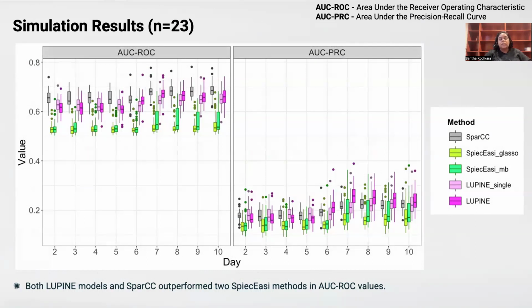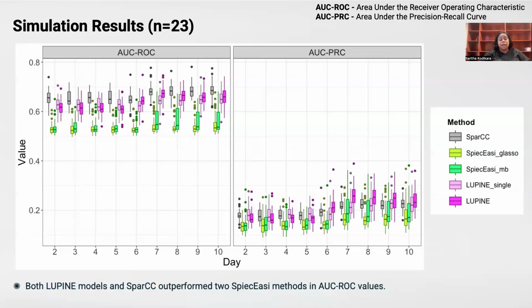What we can observe when the sample size is smaller is that Lupine single is the version where we don't use any past information, and Lupine, the darker pink one, is when we use the past information. Lupine is doing a good job, similar to sparse CC, which is a correlation-based method. Recall that Lupine is a partial correlation method, but it's still doing a similar job as sparse CC.